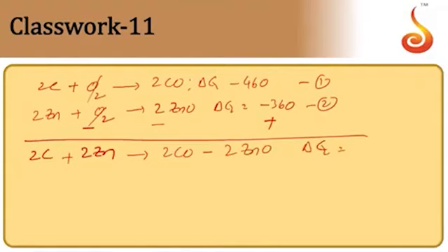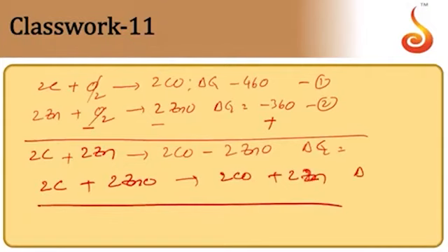So now dividing throughout by 2 and changing appropriately, 2C plus 2ZnO giving rise to 2CO plus 2Zn. For this process delta G is a negative value here now. Means this reaction takes place.